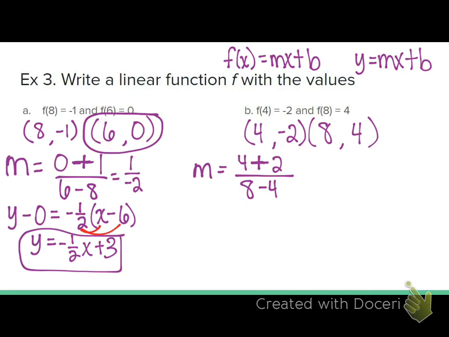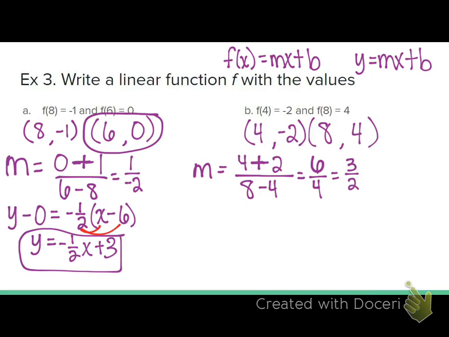You've got to have your slope formula down. You've got to be able to just plug those numbers in and find it really quick. 4 plus 2 is 6. 8 minus 4 is 4. This reduces to be what? 3 over 2. Okay, we've got our slope.